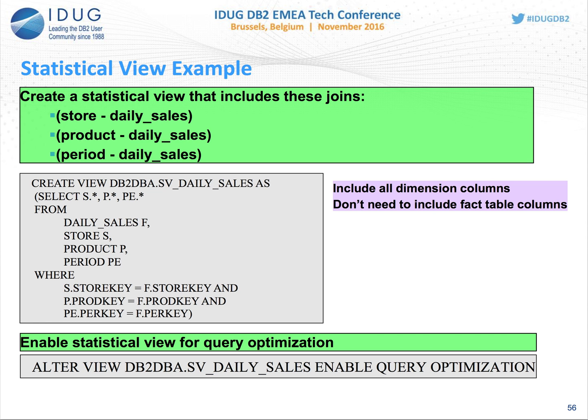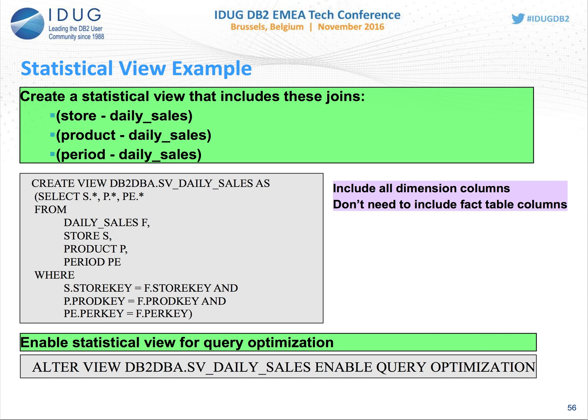It's basically joining the fact table and pulling out all the columns from the dimensions and projecting them out, just joining on the primary keys and foreign keys in the fact table. Essentially, this view is denormalizing the fact table and adding in all the dimension attributes, and produces this big result set.